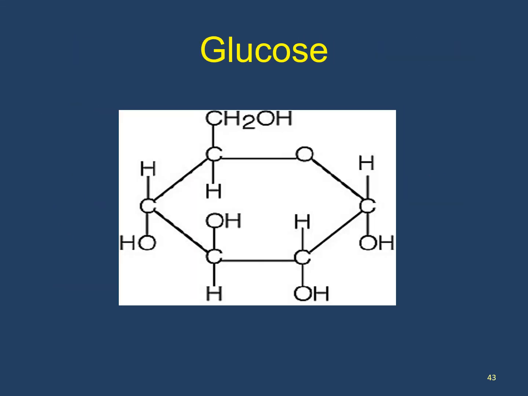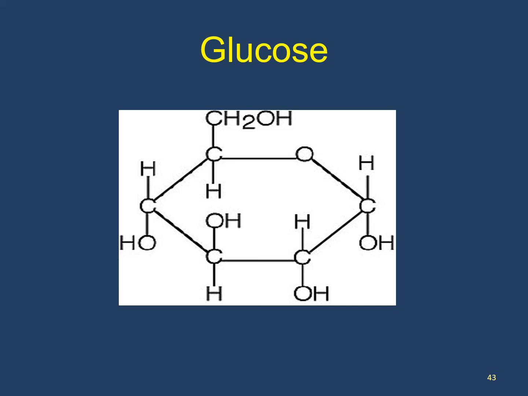So by way of example, glucose, C6H12O6. If you had to write out the formula for glucose, it would be C6H12O6. 6 carbons, 12 hydrogens, and 6 oxygens. And here they are. And this structure forms glucose.